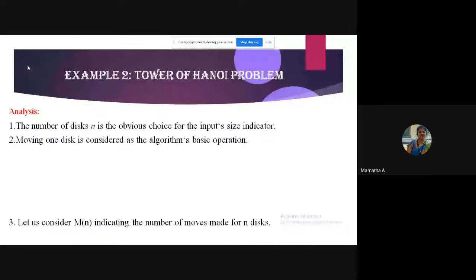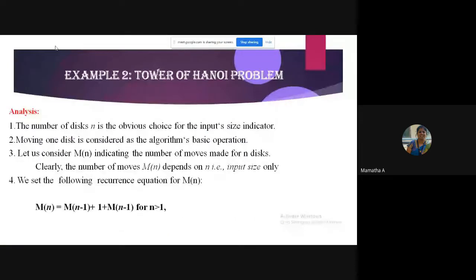So the m of n here is m of n minus 1 plus 1 plus m of n minus 1, very important, for n greater than 1. This m of n minus 1 counts the number of moves made to transfer n minus 1 disks from source to auxiliary using destination.